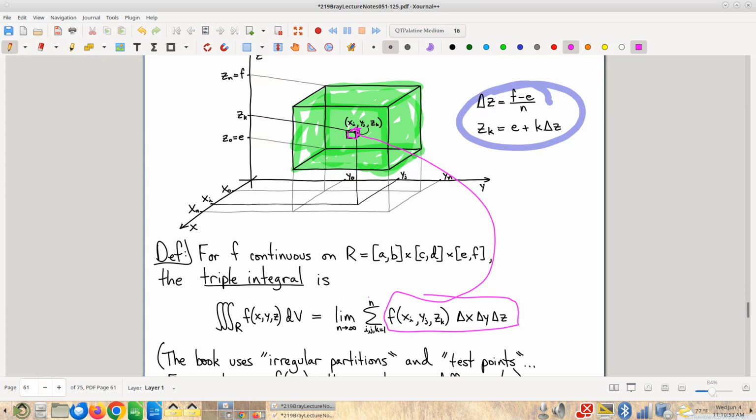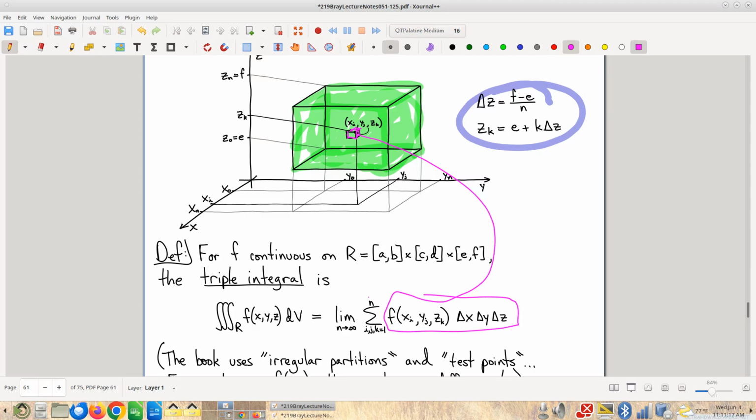On that tiny little sub-box, mass is mass per unit volume times volume. So it's volume instead of area, instead of length. It's mass per unit volume instead of mass per unit area, instead of mass per unit length. The same basic idea, just three-dimensional instead of two.